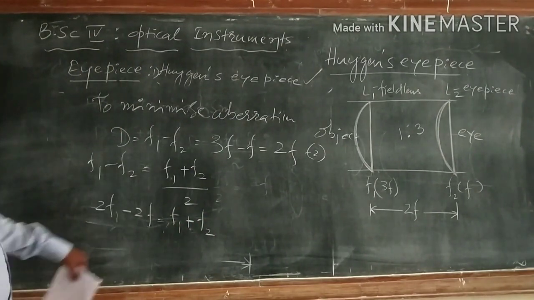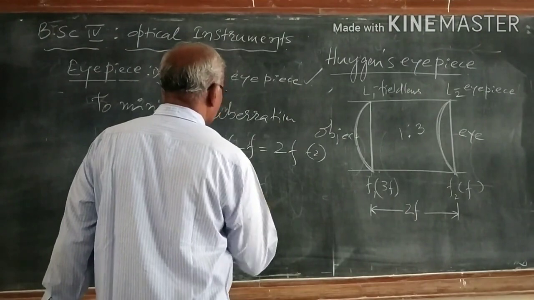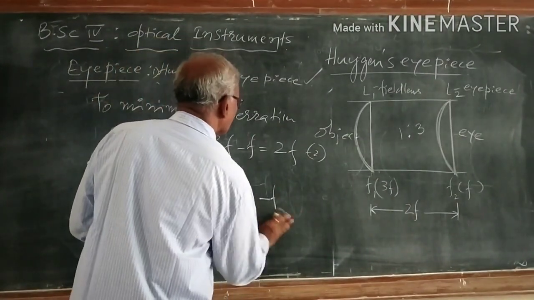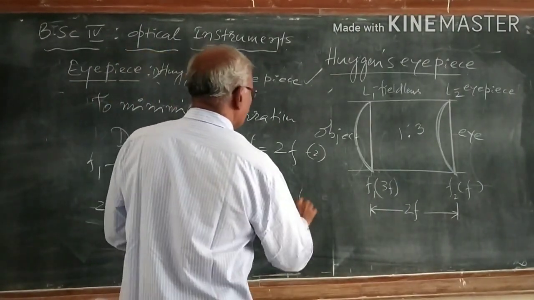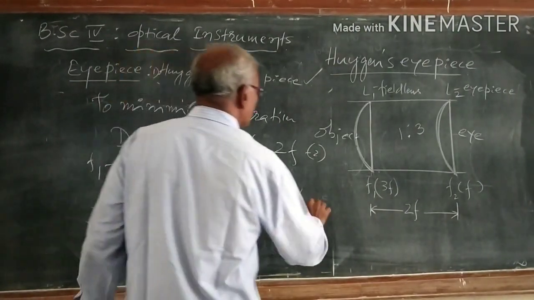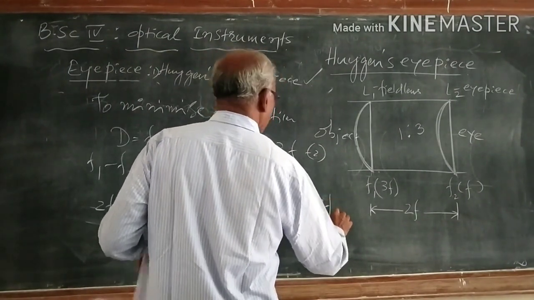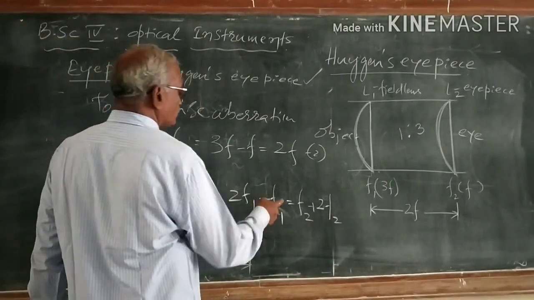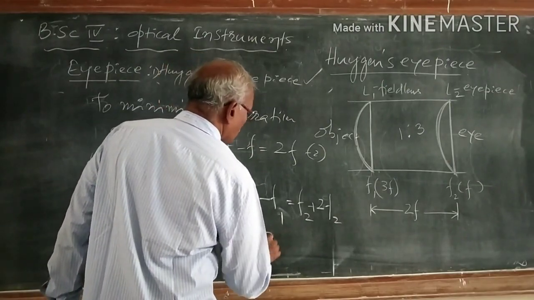So here, bring this f1 to this side. What we will get: 2f1 minus f1 is equal to f2 plus 2f2, that is f1 is equal to 3f2.